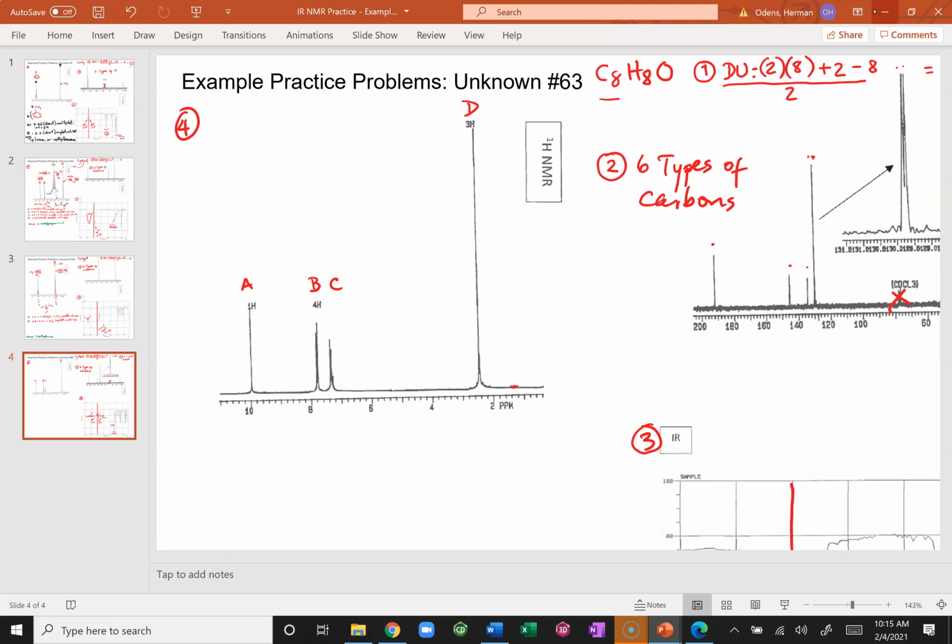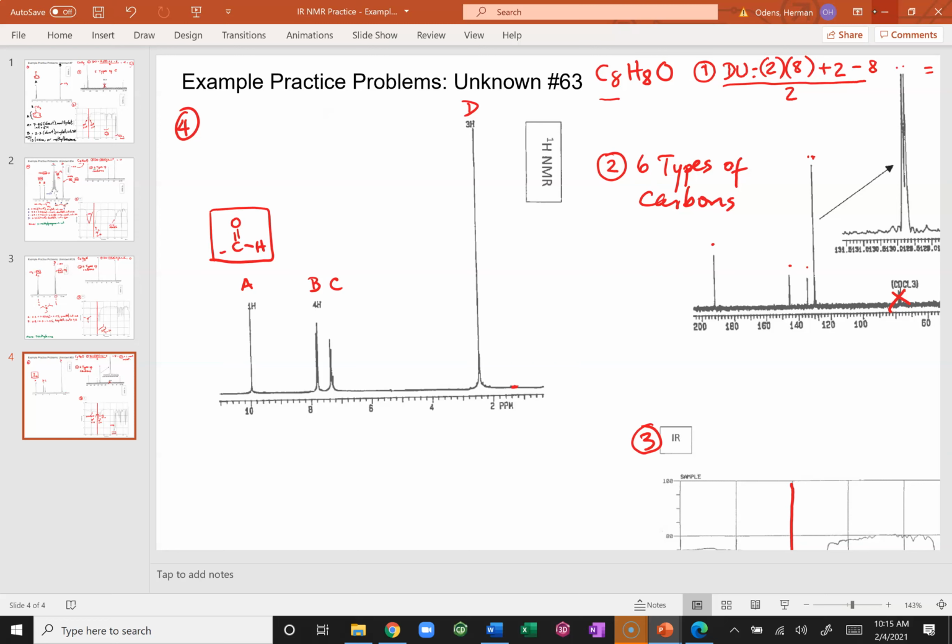The carbonyl doesn't show on the proton. But you're on the right track. What is it? The CH from the aldehyde. Excellent. So this signal here at 10 is your carbonyl CH group, your aldehyde group. And that's the signal in question. I'm going to block it.